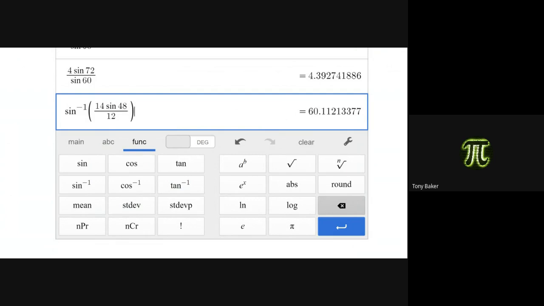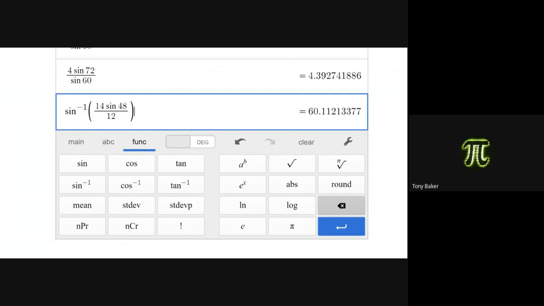Your regular scientific calculator, depending on if you can see what you're typing in, it'll be easy. If not, it'll probably be a pain. At that point, do the inside first, get that answer, and then you can do the arc sine of that function. So that's why I like Desmos. You can actually see exactly what you're typing in to make sure you typed it in correctly with the parentheses and stuff, because otherwise it can get messy.